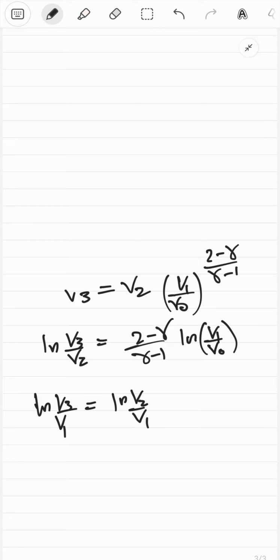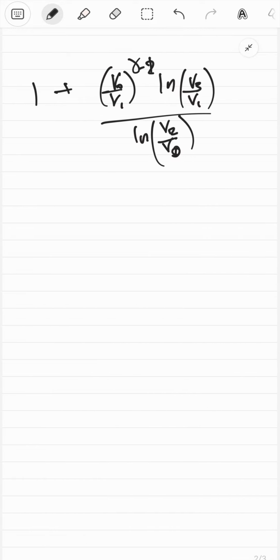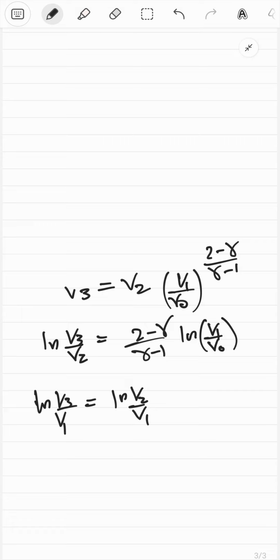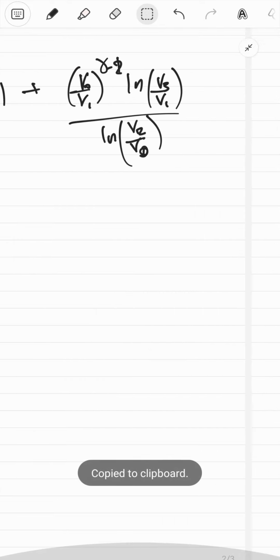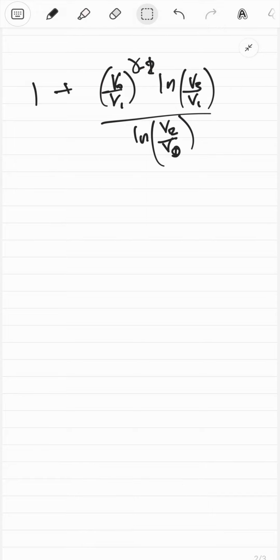That's not very nice. But in any case, you just have v3 being something, right? So that's okay. In the end we're just writing everything using v0, v1, v2. So natural log of v2 upon v1, and then plus 2 minus gamma upon gamma minus 1, natural log of v1 upon v0. That's what we'll be using. So just copy that and paste it in place of this.